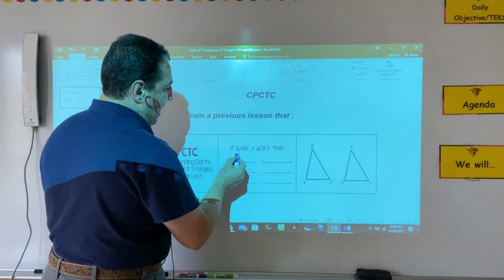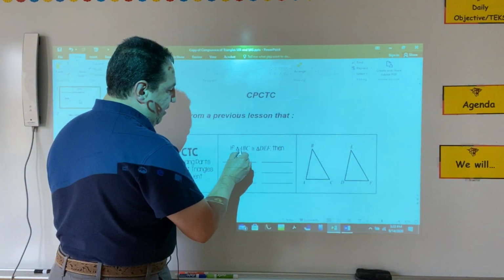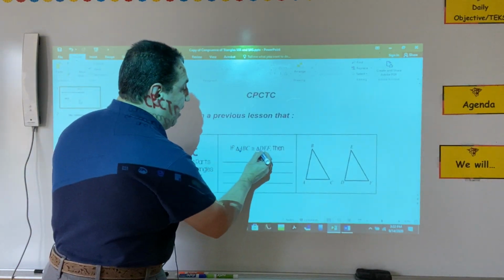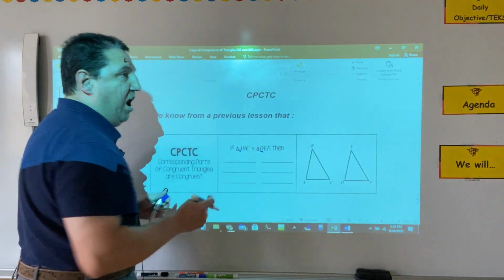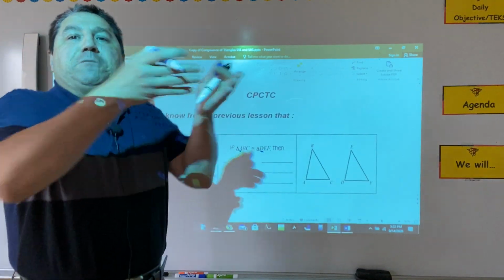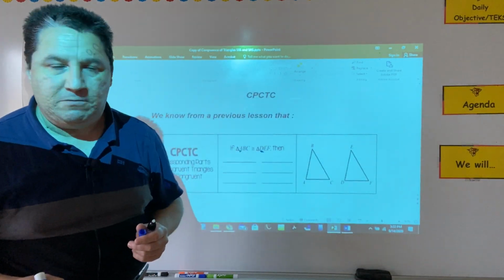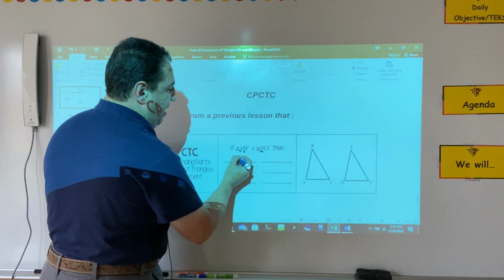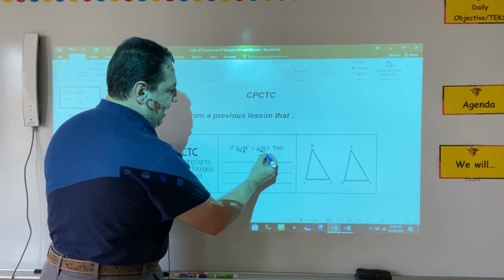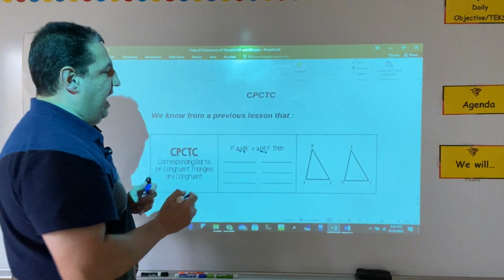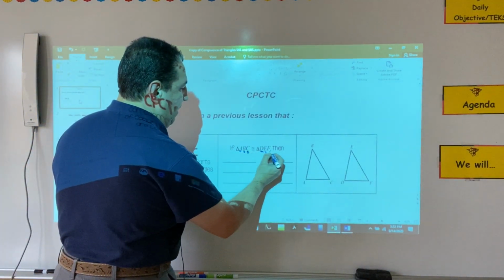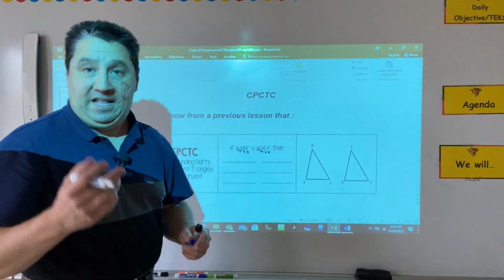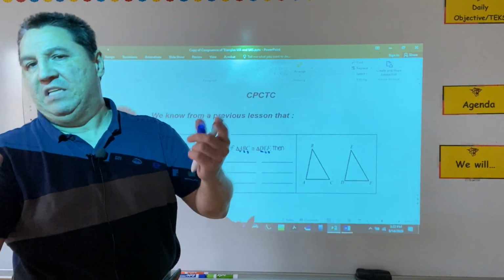For example, here, the corresponding letter for A in the other triangle is D. Why? Because A and D are both in the first place in these names. Also, the corresponding letter for B in the first triangle is E, and for C would be F. Each of these letters represents an angle.